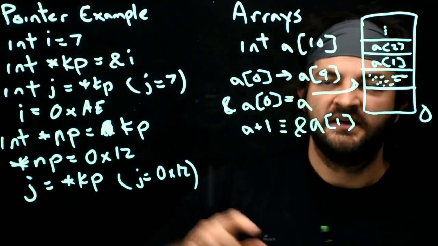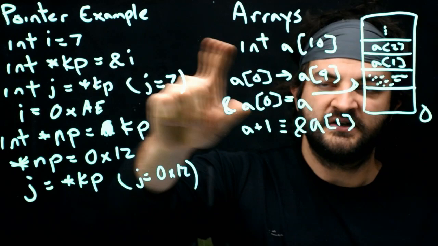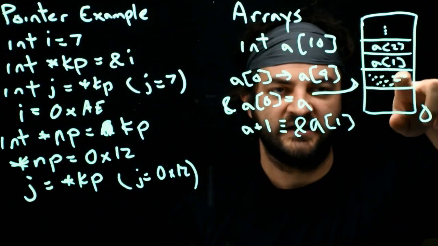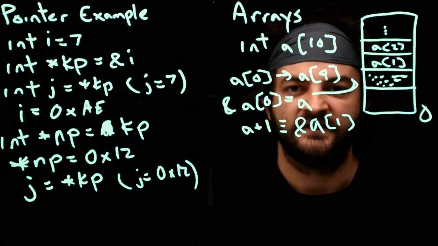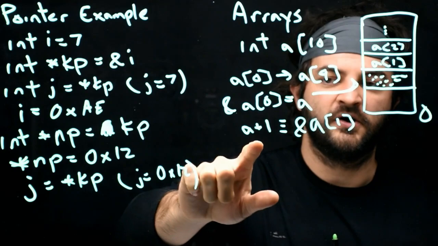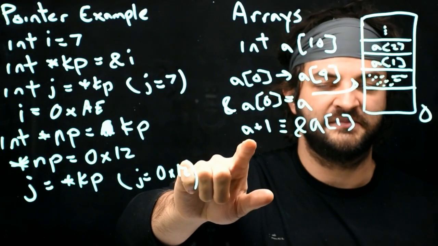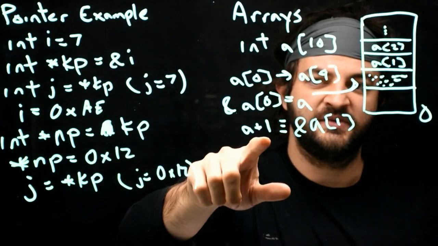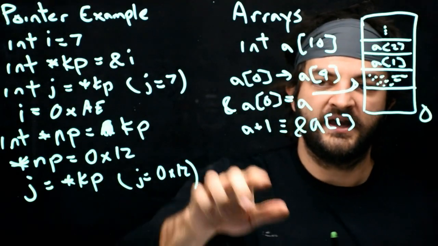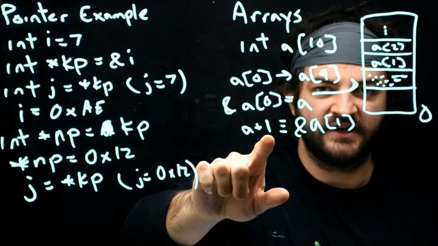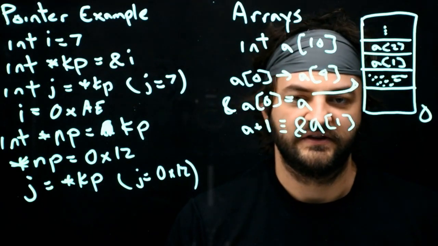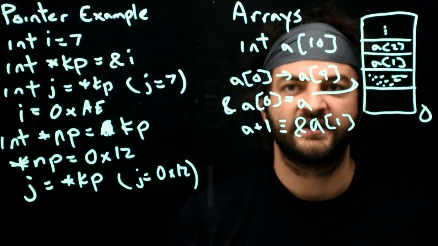But instead, the pointer knows two things. It knows both the address of the byte that it's pointing to, and it knows the type. So because it knows it's a type integer, it knows that if you add 1 to the address, you probably don't mean go to the next actual byte. You mean go to the next integer within this array. So a plus 1 means the physical address is going to add 4 to get to the next value within the array. So that's pretty cool.